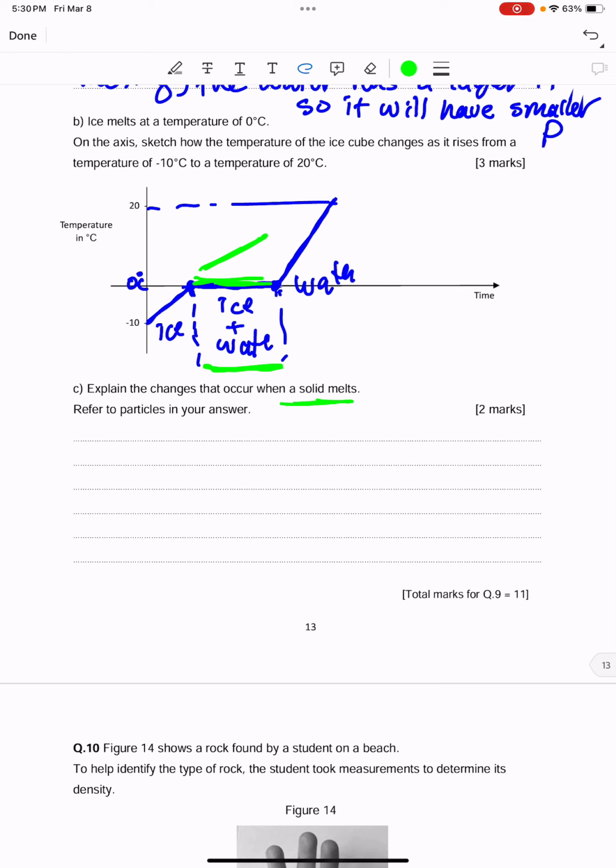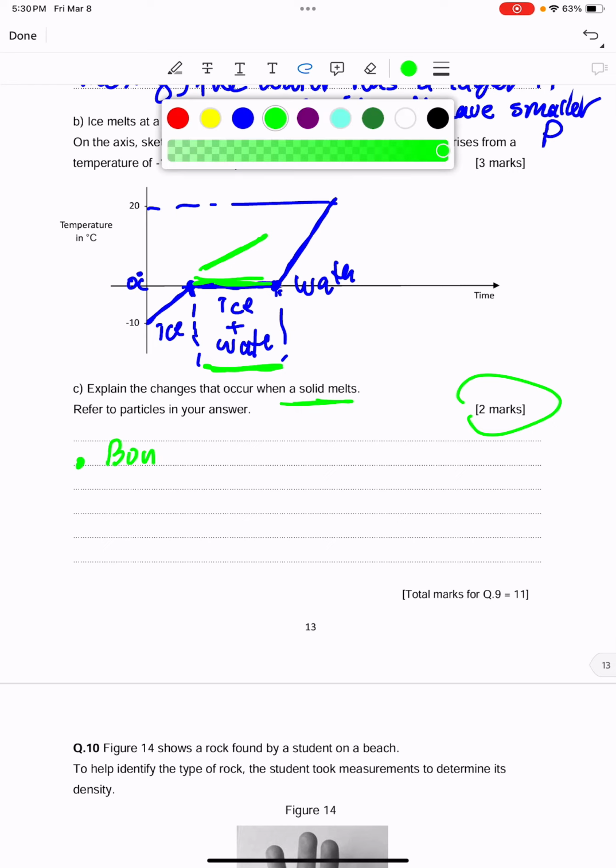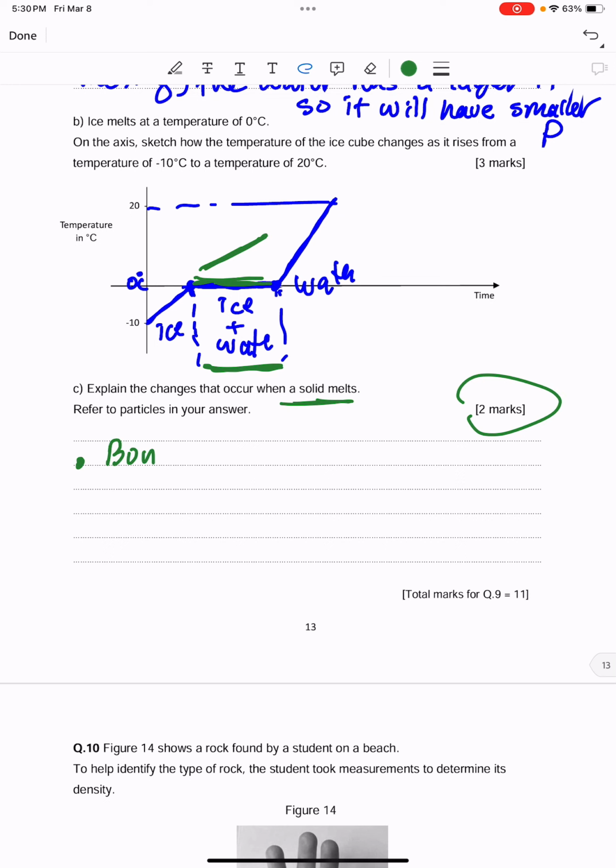So again, here you have 2 marks, so 2 important points. Number 1 is you have to mention that the bonds between particles are weakened or broken.